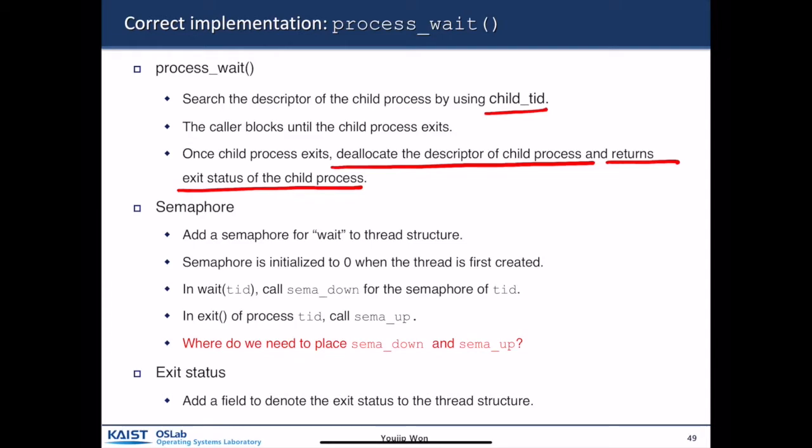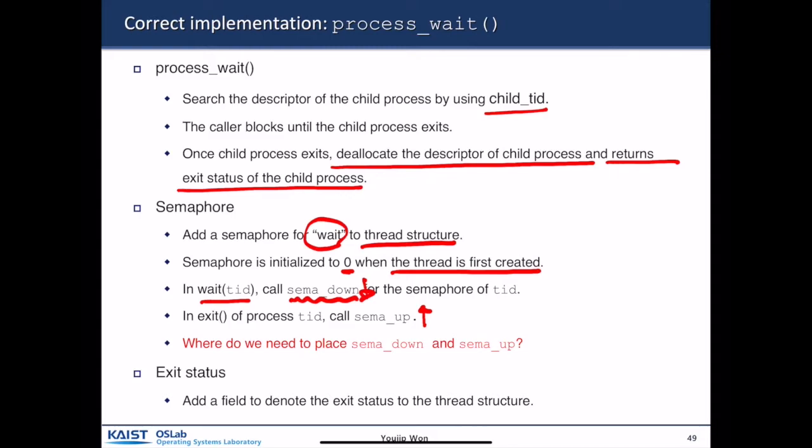It adds a semaphore to the thread structure, and this semaphore is initialized to 0 when the thread is first created. And in the wait system call, the caller calls sema-down for the semaphore of thread ID. In the exit process of TID, it calls sema-up. It increases the semaphore value by 1, and sema-down decreases the semaphore value by 1.